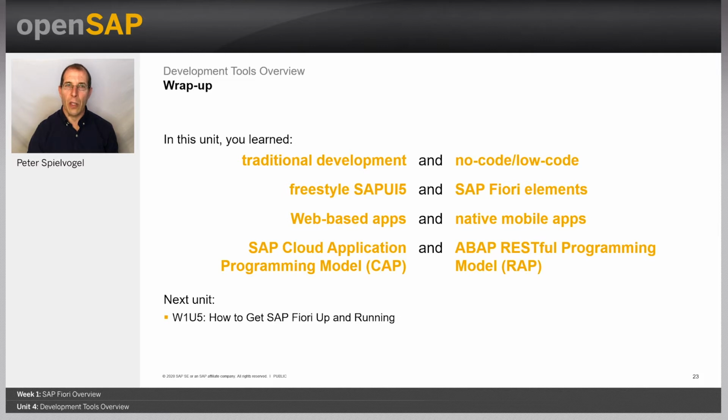You learned when to use native mobile apps for specialized use cases. You learned that there are 2 ways to create the OData service that powers these apps. And you learned you can transform SAP GUI transactions into intuitive SAP Fiori apps with Screen Personas. In the next unit, we'll discuss how to get SAP Fiori up and running.